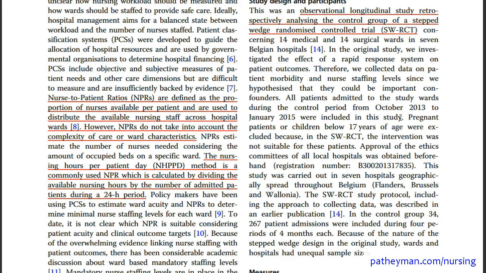They're kind of mixing their sampling process and their inclusion-exclusion criteria right there. So they're also saying that pregnant patients and children below the age of 17 were excluded because in the original randomized controlled trial, the intervention was not suitable to those patients.